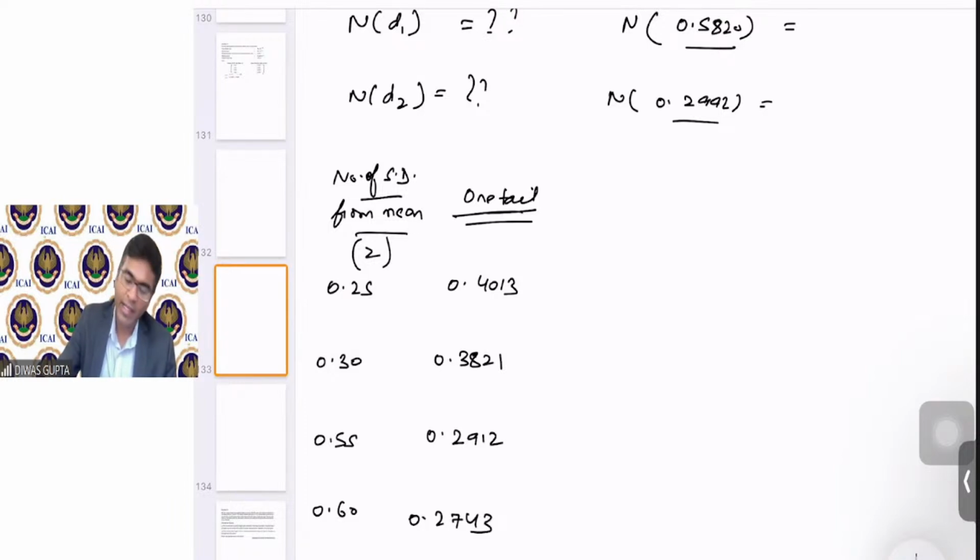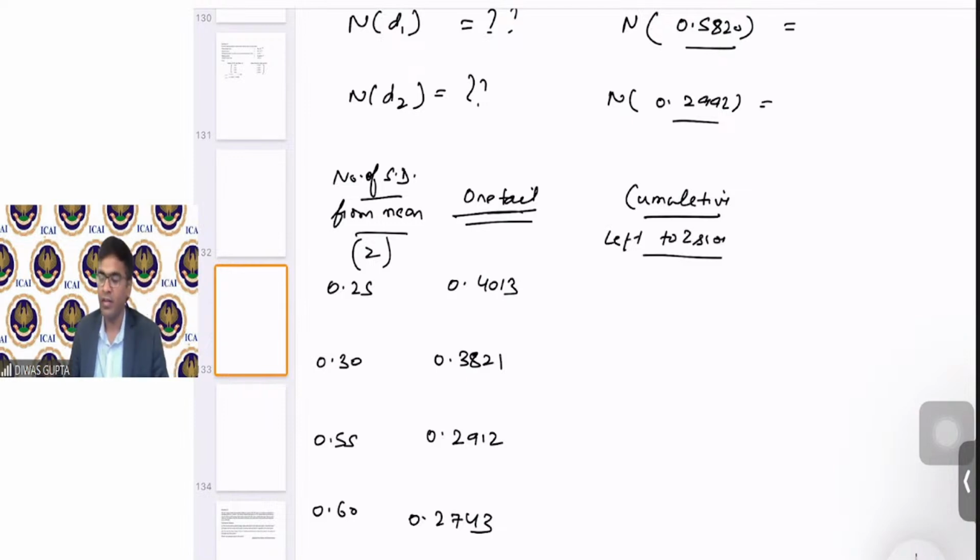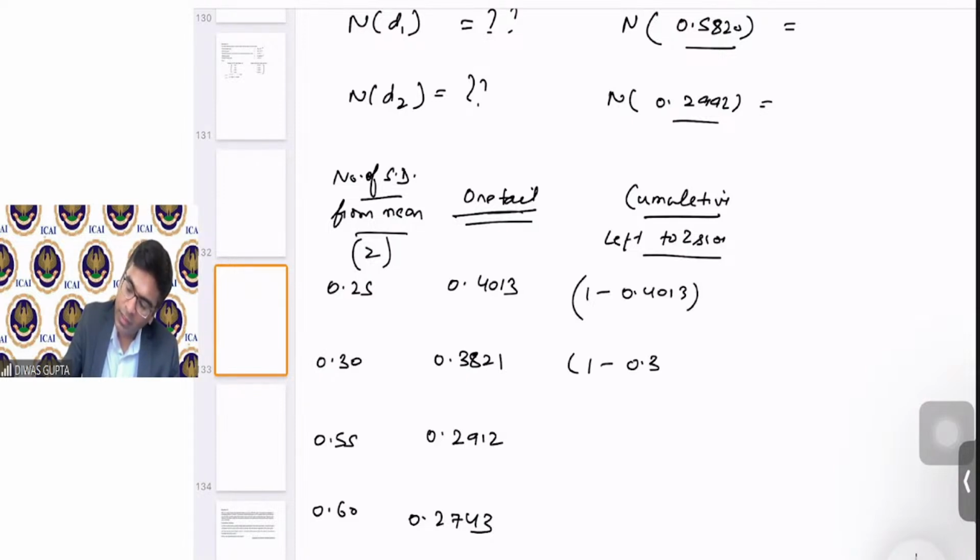Now for one tail, we have to arrive at the cumulative. So this is the area from the left to the Z score. Correct? We can do that. So which is 1 minus 0.4013, 1 minus 0.3821, 1 minus 0.2912, 1 minus 0.2743.